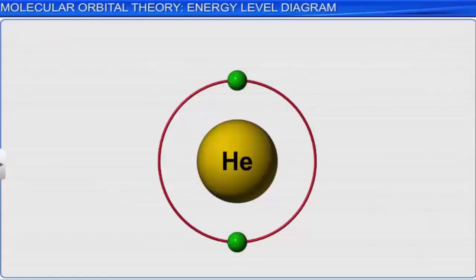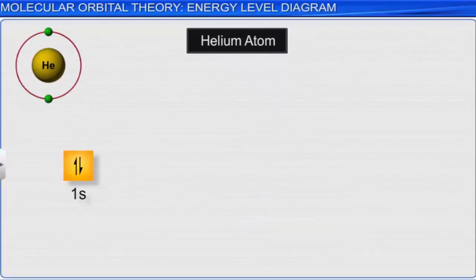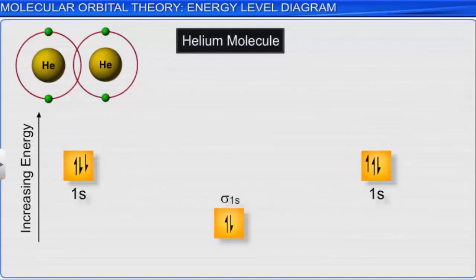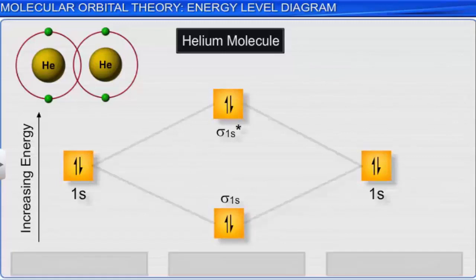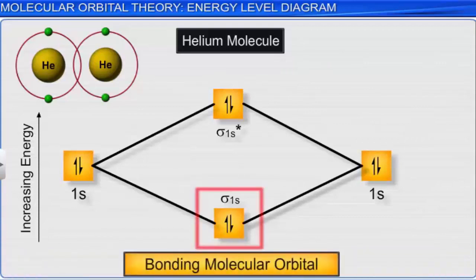You see, a helium atom has two electrons in its 1s orbital. When two helium atoms come together to form a molecule, the 4 electrons would be distributed across both sigma bonding and sigma star anti-bonding molecular orbitals. The energy of the sigma bonding molecular orbital will be low.